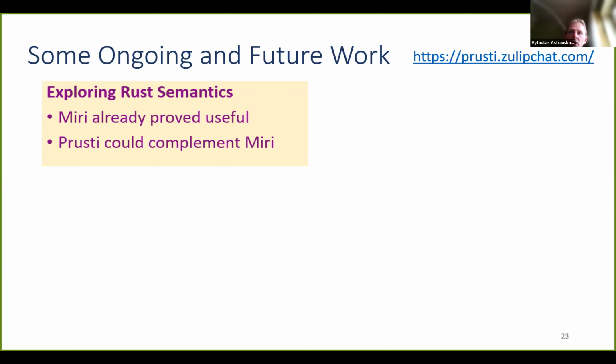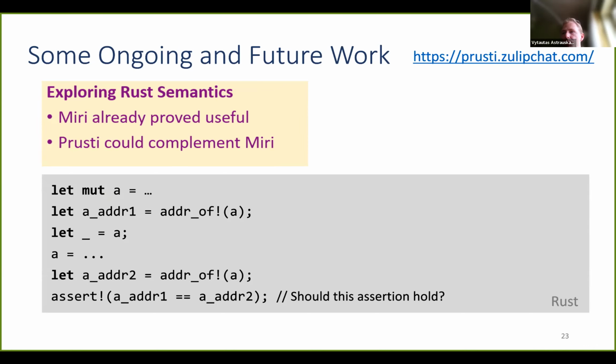And I believe that Prusty could complement Miri because Miri is just an interpreter, and you need to find a good test case to illustrate the problem, like good examples. With Prusty, it's much easier to explore things. Maybe due to interest of time, I'll just quickly mention what is here.